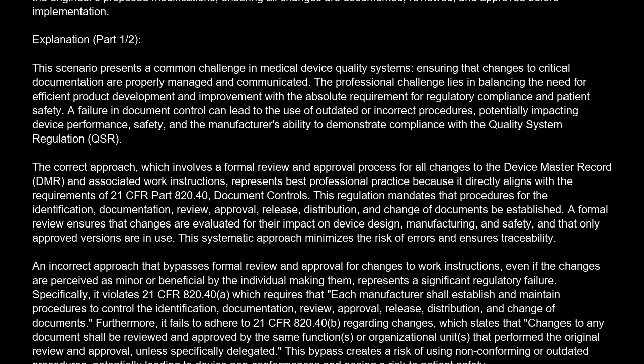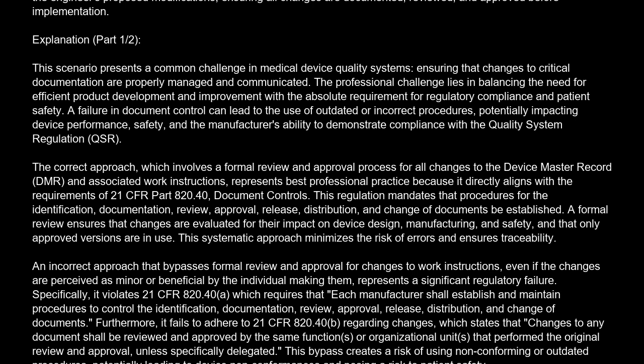This regulation mandates that procedures for the identification, documentation, review, approval, release, distribution, and change of documents be established. A formal review ensures that changes are evaluated for their impact on device design, manufacturing, and safety, and that only approved versions are in use.